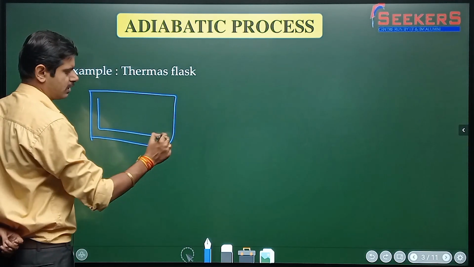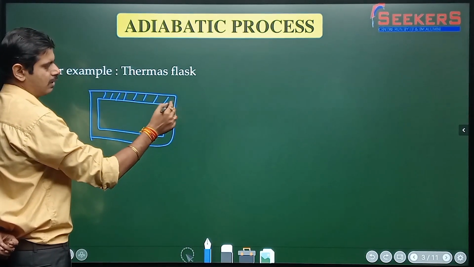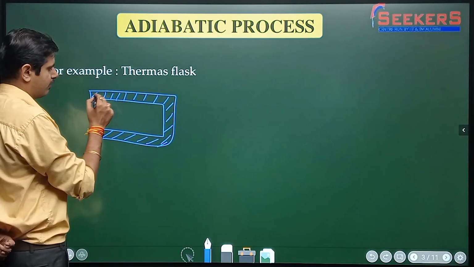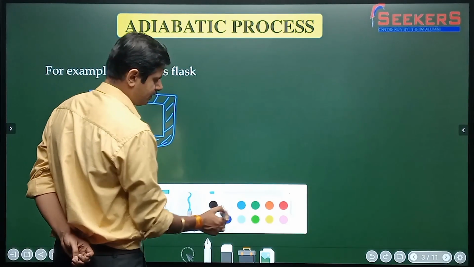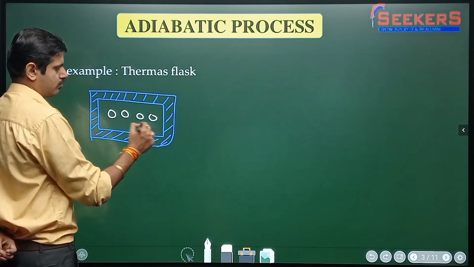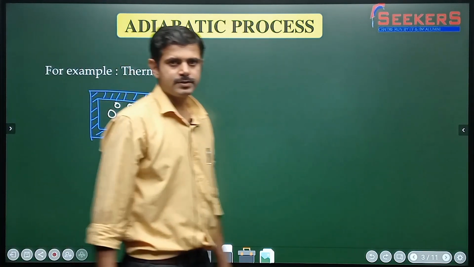This thermos flask will have an insulated material on the outer side, and inside it will have certain food. Now what happens here?